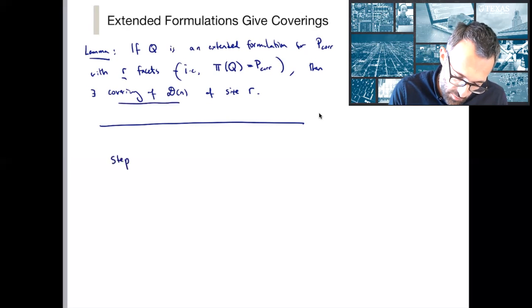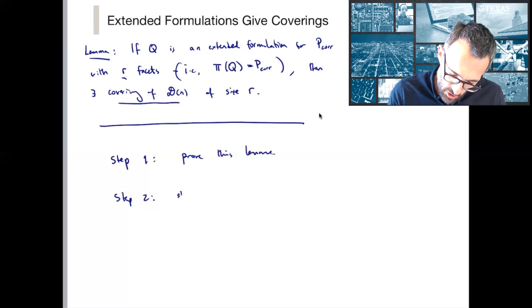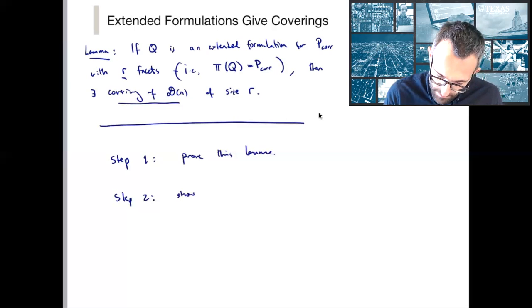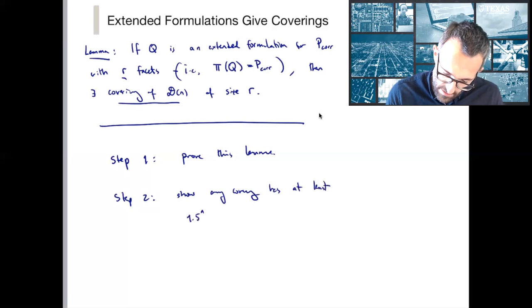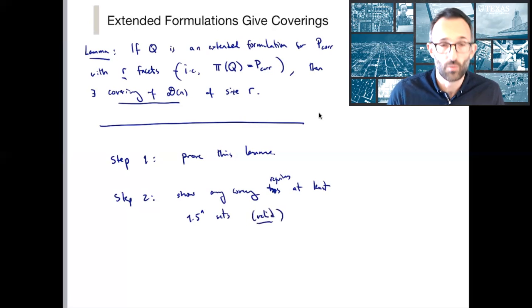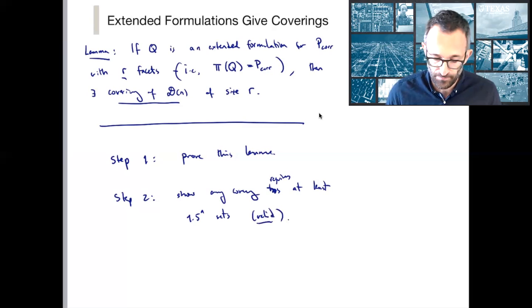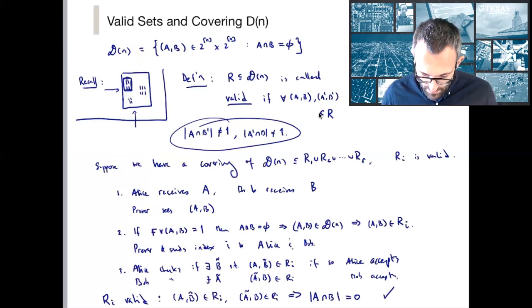So again, the remaining two proofs: step 1 is to prove this lemma. That's this lecture. And step 2 is to show any covering requires at least 1.5 to the n sets. And we're always going to be focused on valid sets. Let me make sure I define that.